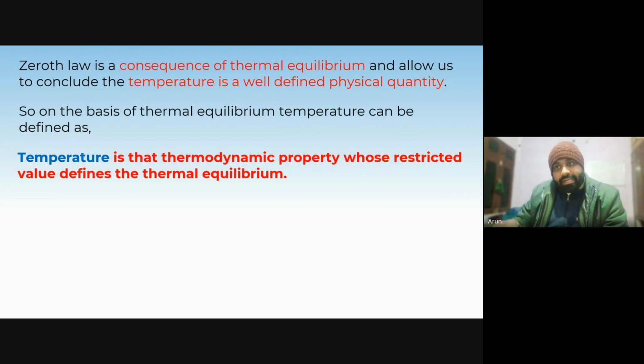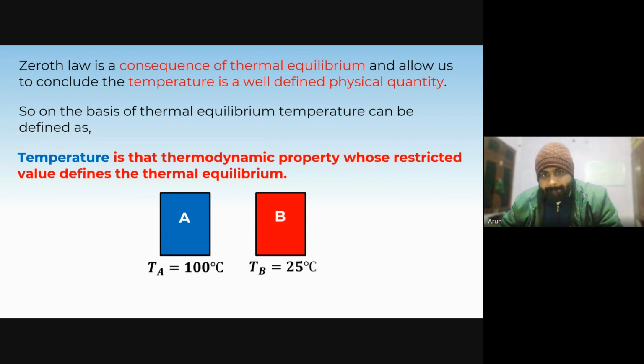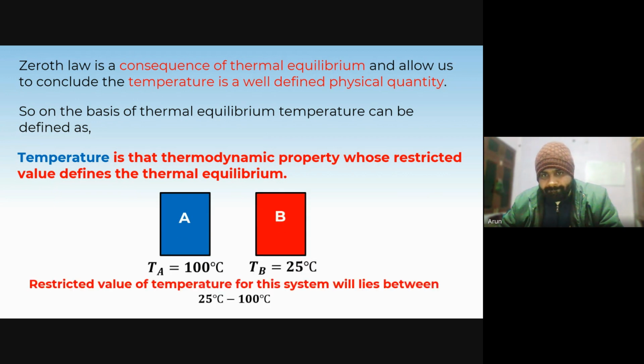On the basis of that, we are concluding the first law and second law, and third law also. So instead of naming it the fourth law, we have named it the zeroth law. So the restricted value of the system will lie between 25 to 100 degrees Celsius.